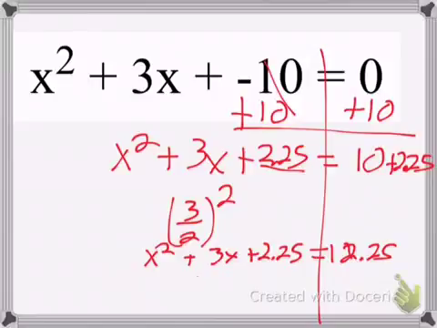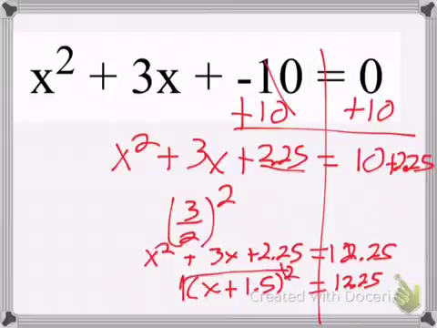Alright, and so that's going to be x plus 1.5 squared when I factor it out, equals 12.25. Take the square root. That gives me 3.5, plus or minus 3.5, so we have two equations.